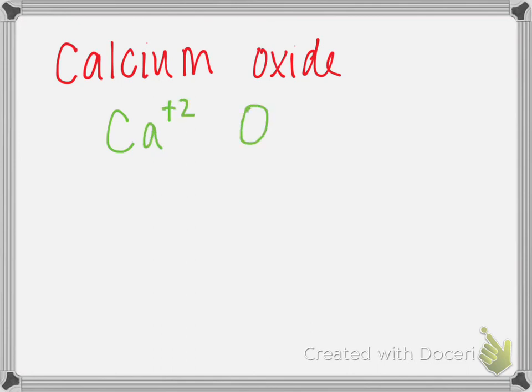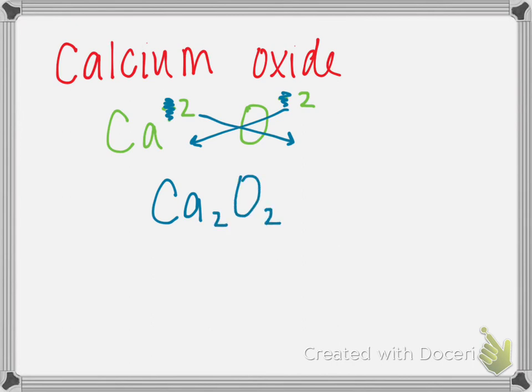And I'm going to find oxide, which is O -2. If I use the crisscross method, I remove the plus and minus, crisscross them down. That leaves me with Ca2O2.